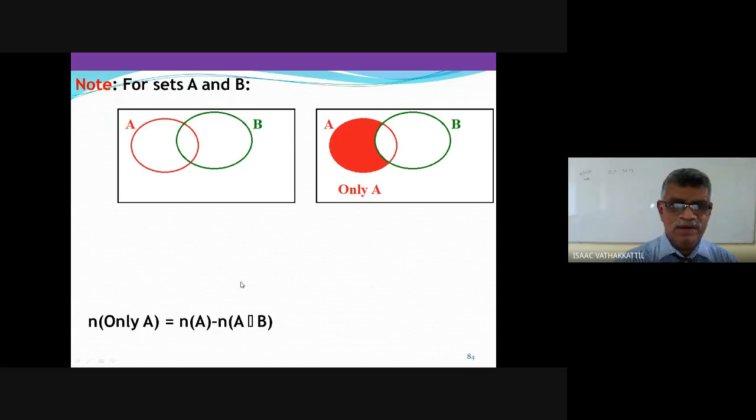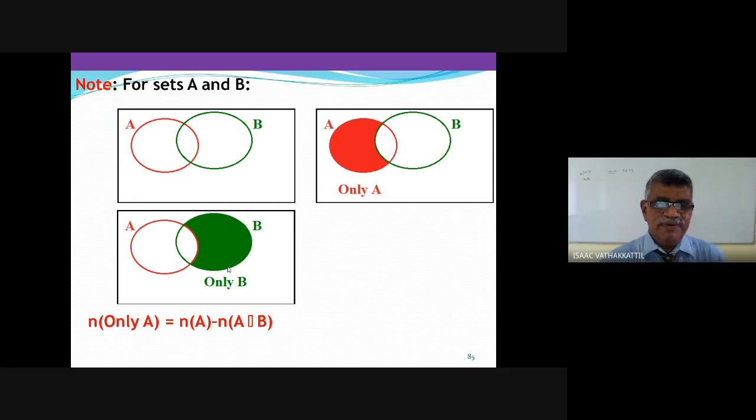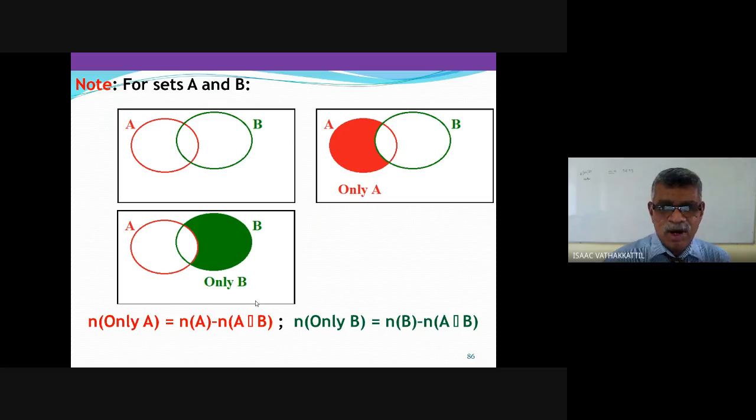Otherwise, number of only A will be number of A minus number of A intersection B. You may use only the diagram and get the answers, or you may use the formula. Number of only A is number of A minus number of A intersection B. And number of only B will be number of B minus number of A intersection B.